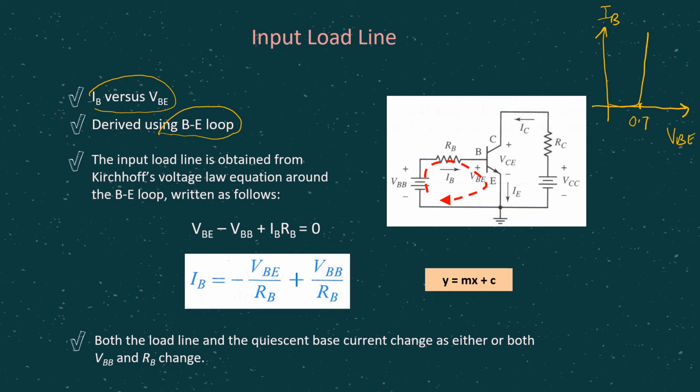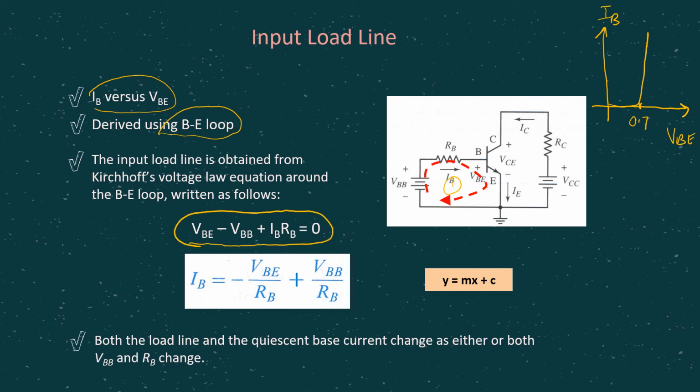So in this case, we are supposed to do the load line analysis, so we need to consider the BE loop. From the BE loop, we can do the KVL equation, remember? If we do KVL, we are supposed to get this equation.